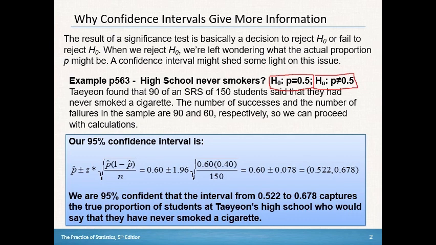So the conclusion is: we are 95% confident that the interval from 0.522 to 0.678 captures the true proportion of students at his high school who say they have never smoked a cigarette.